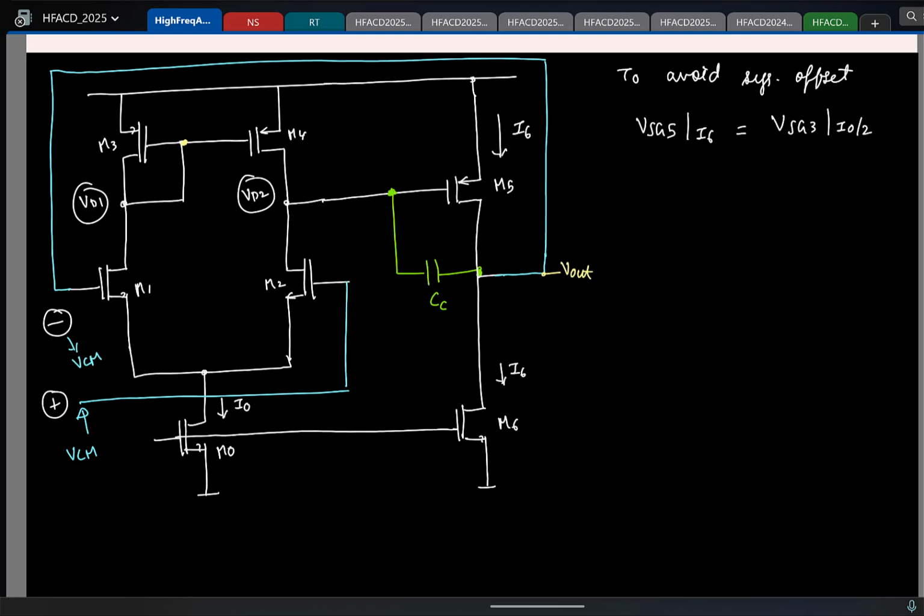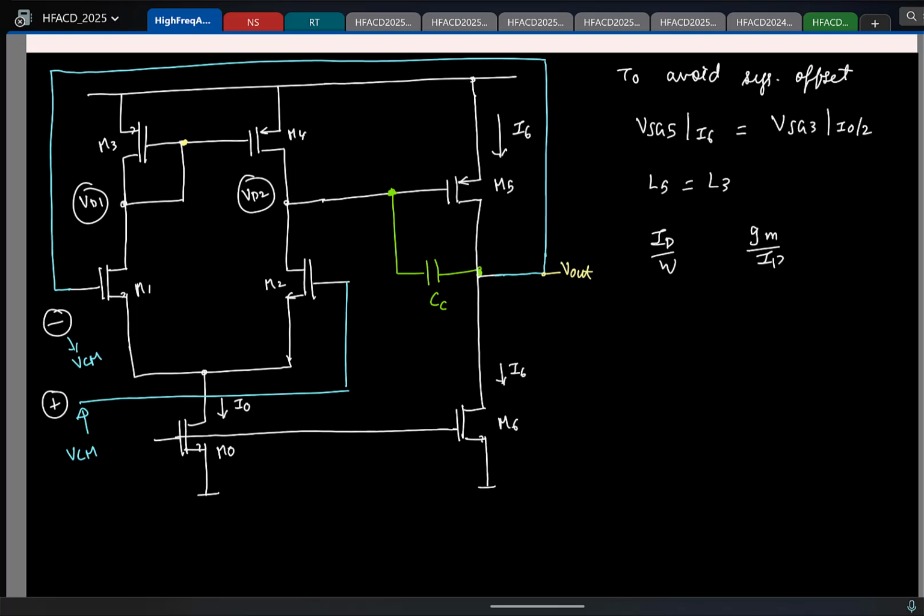So again, let us say if I choose the length of M5 and M3 to be equal. Now remember, if I fix the length and one of the parameters in the lookup table, all the other parameters are frozen, correct? So if I choose the length to be equal, if I were to have the same VGS, what can you say about the other parameters, ID by W, GM by ID?